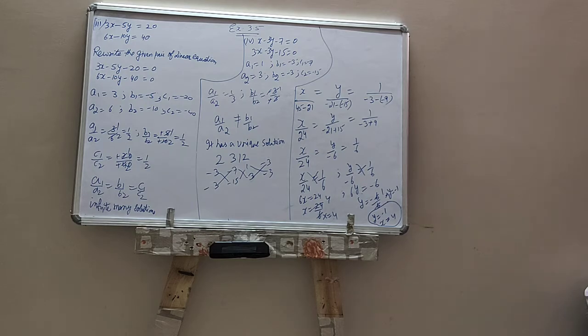Now read the statement of second question. For which values of a and b does the following pair of linear equations have an infinite number of solutions? But I am going to raise the complete blackboard.